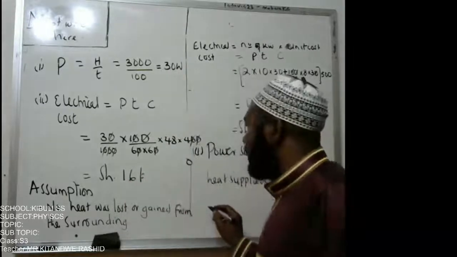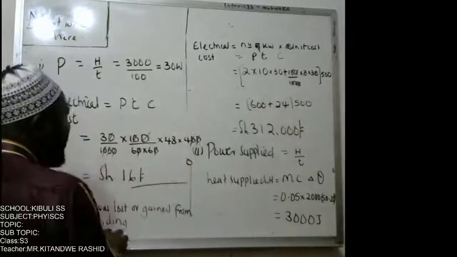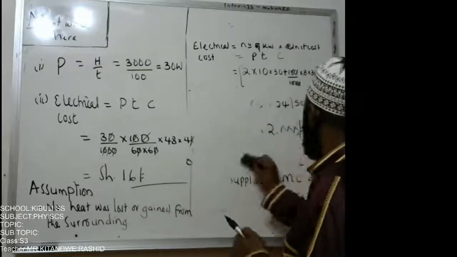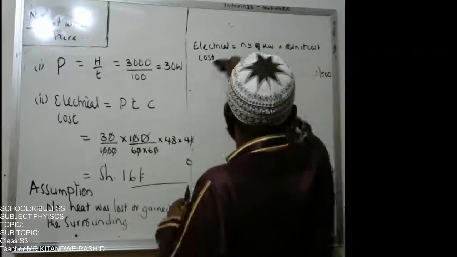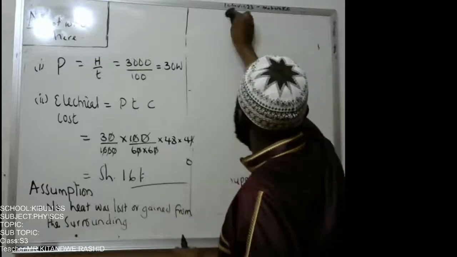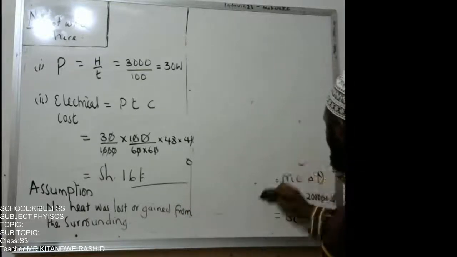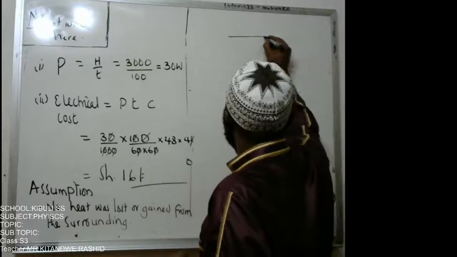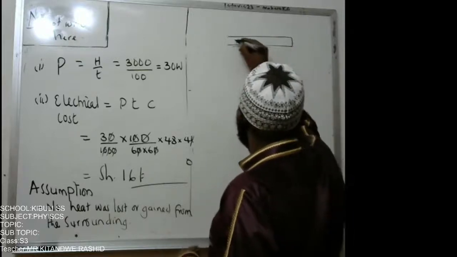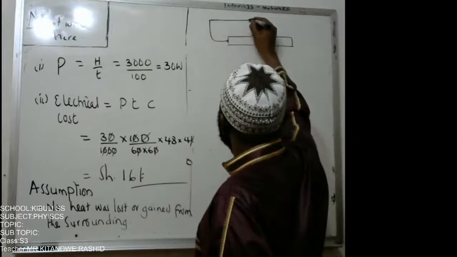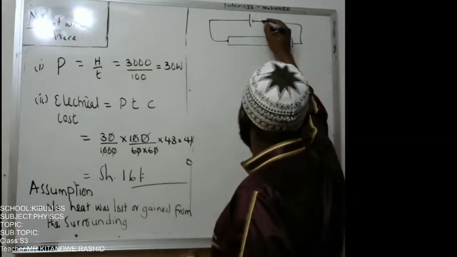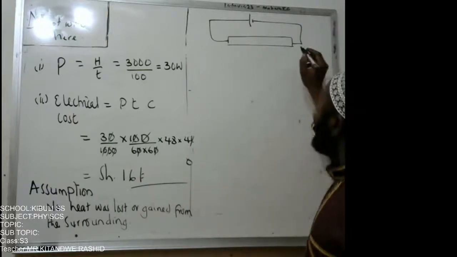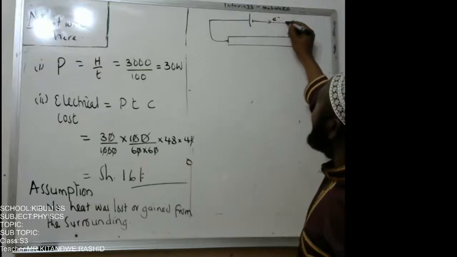They collide with atoms of the conductor. Let me illustrate what I'm talking about. When a conductor, say a thin wire, is connected to supply voltage, the electrons are accelerated. The electrons usually move like this.